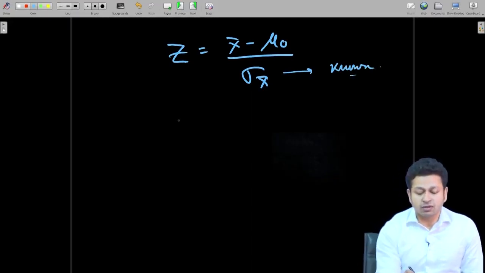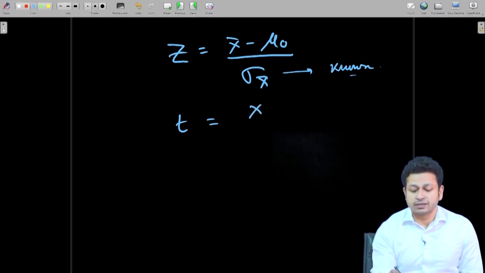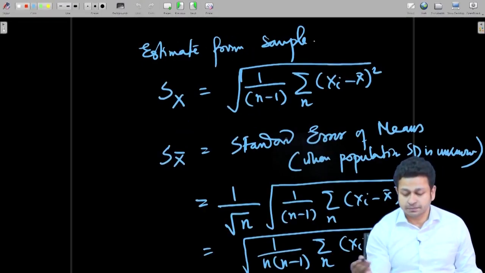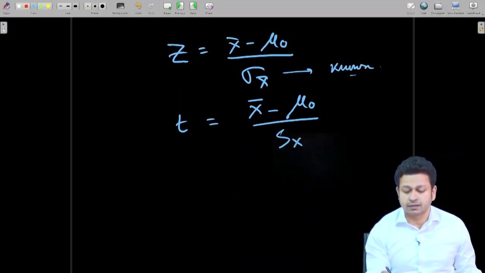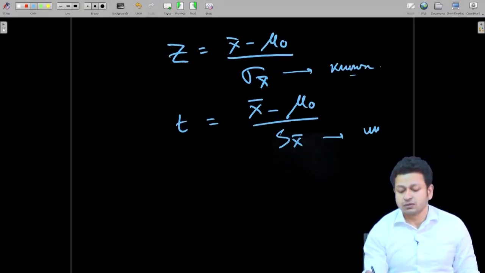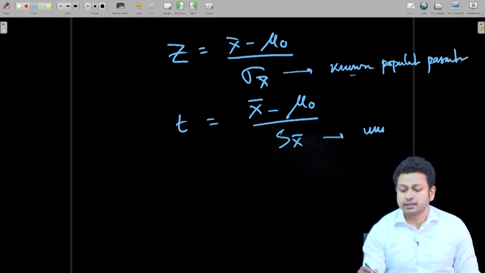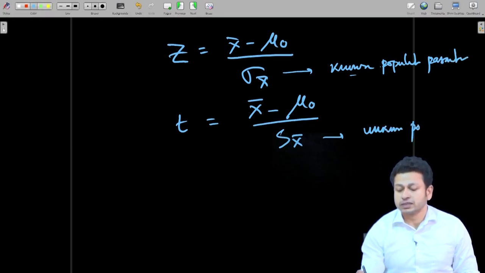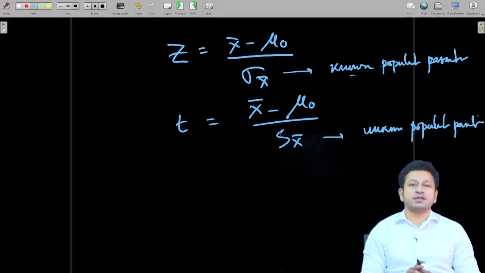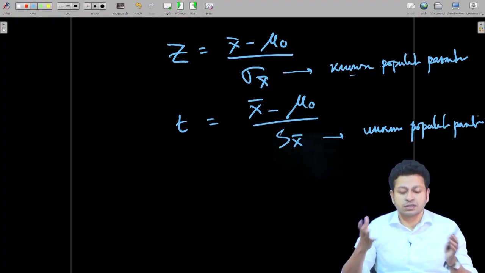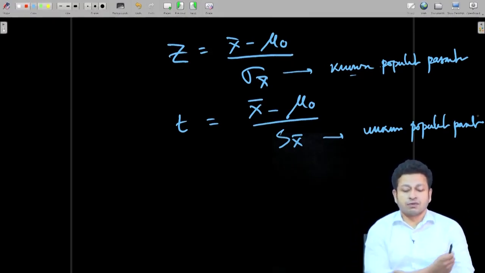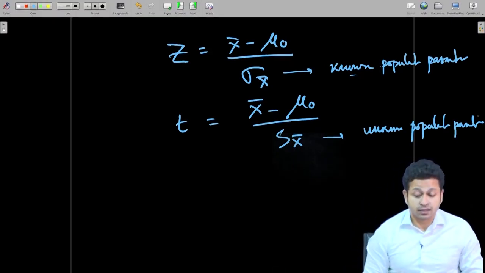But in case it is not known, I use t, and then I use Sx bar, which is from the sample, an unknown population parameter. So this is basically the difference between the normal distribution and the t distribution. For an unknown population parameter, you use the t distribution.